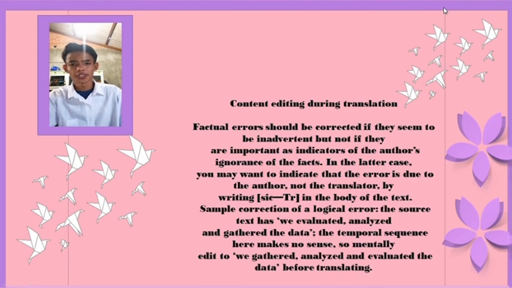Factual errors should be corrected if they seem to be inadvertent, but not if they are important as an indicator of the author's ignorance of the facts. In the latter case, you may want to indicate that the error is due to the author, not the translator, by writing in the body of the text.